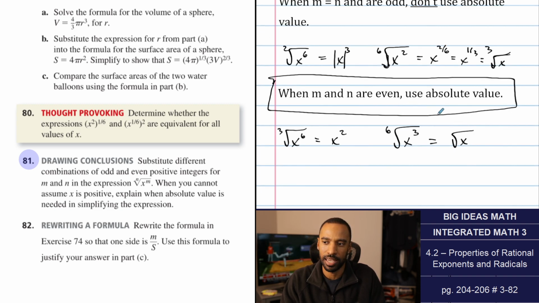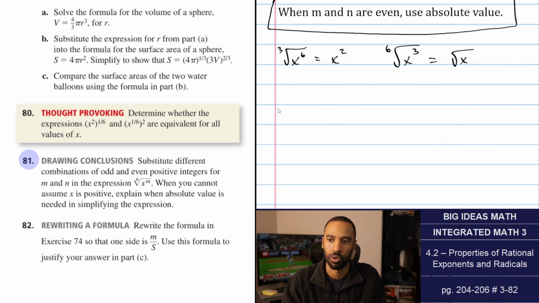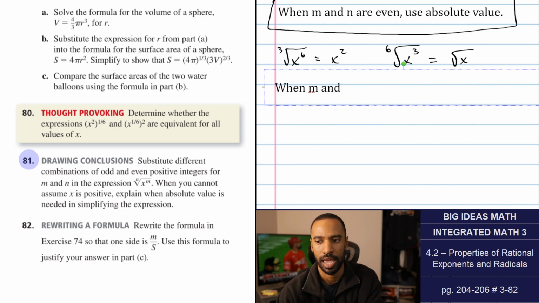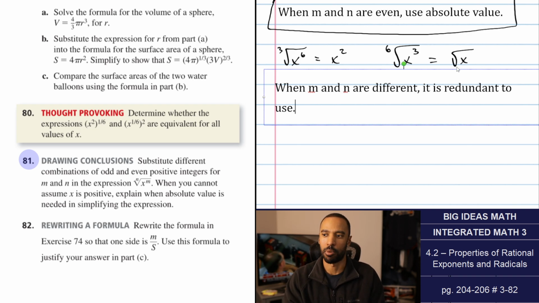What we haven't tried yet is doing ones that are non-fractional, or that are fractional but you pull something out. So let's try something like, hold on. When m and n are different, I'll just say don't use it. There may be a level of redundancy, but I'll say it is redundant to use. When I say different, I mean different from odd and even.